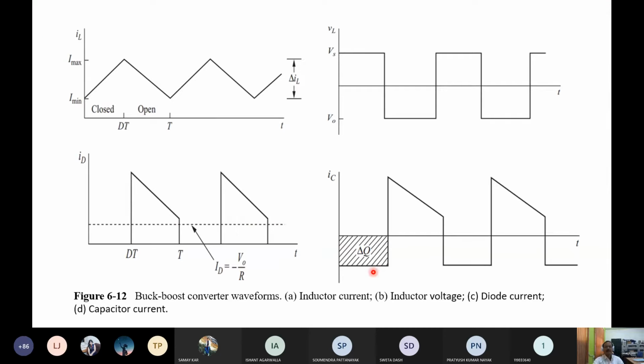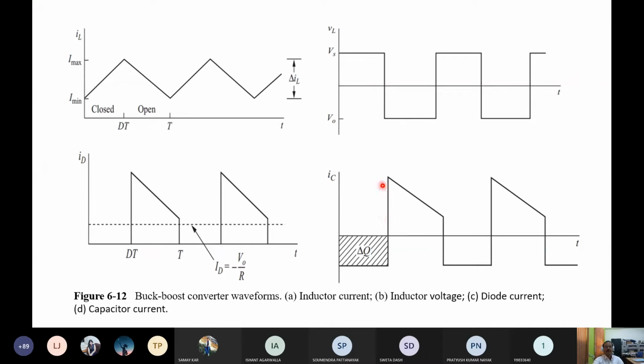When the switch is on, you just refer to your equivalent circuit. When the switch is on, the capacitor is supplying the load current, so the load current is equal to the capacitor current. We have assumed that load current is constant, so it is a constant capacitor current.